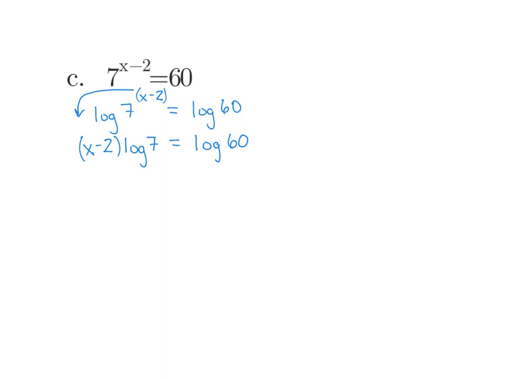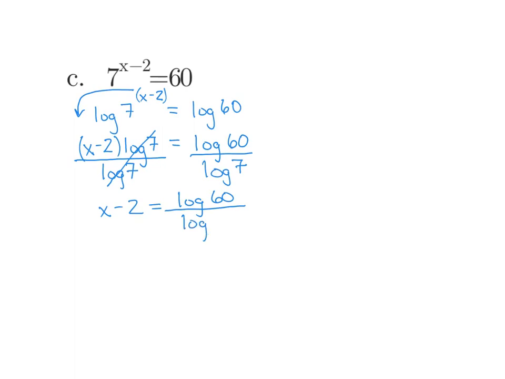Just like on the previous problem, you can either distribute or we can do what we did on the previous problem, which is divide both sides by log of 7. They cancel on the left. We are left with x minus 2 equals log of 60 divided by log of 7.